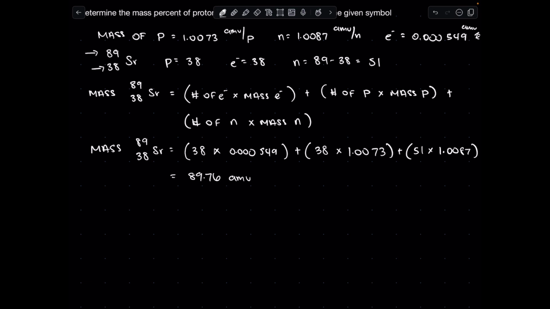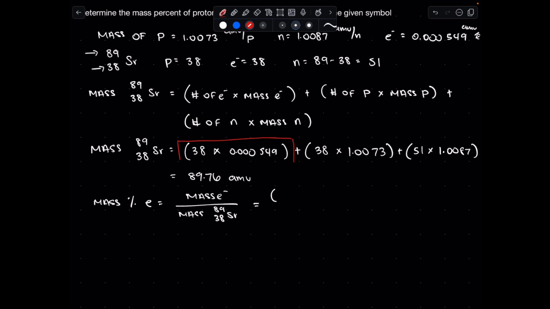All right, now we have our mass of our strontium. Using that, we can now determine the mass percent of each of our subatomic particles. So for our mass percent of electrons, that is going to be equal to our mass of our electrons divided by our total mass of our 89/38 strontium. So essentially we're going to be taking this piece of information here and plugging it in down here.